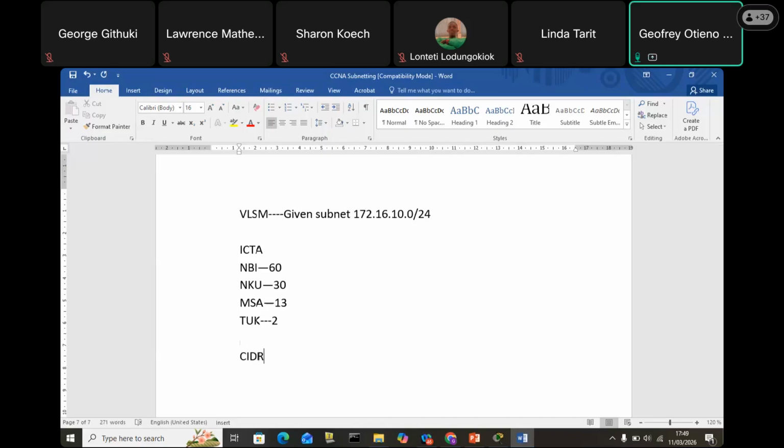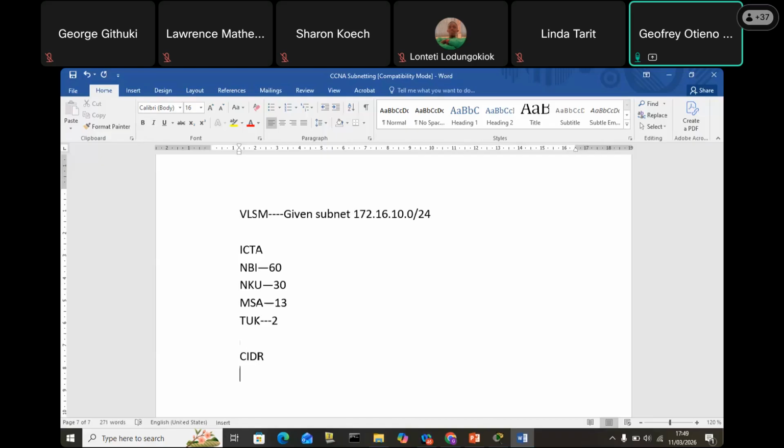Basically, with CIDR, you just need to understand each subnet prefix and the number of hosts that each can accommodate.